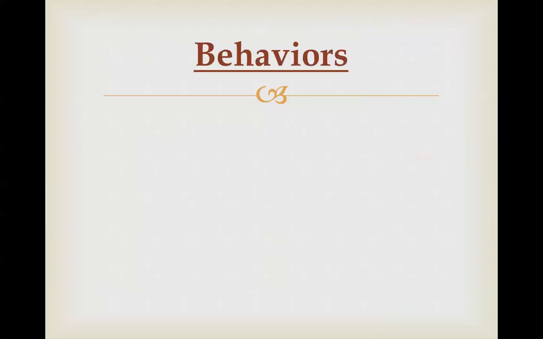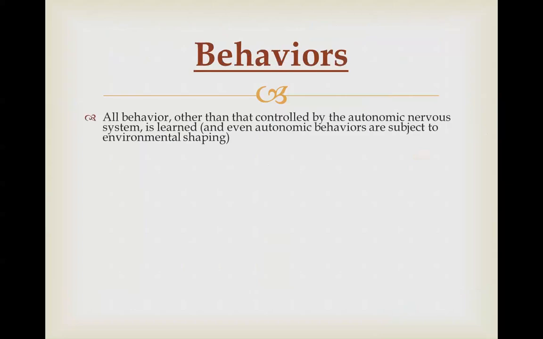Before we do that, I want to take you through a quick walk of each of the component parts of the behavior pathway. Right, some thoughts about behavior. All behavior is learned, other than that controlled by the autonomic nervous system, and even autonomic behaviors can be shaped via environmental feedback. You can slow your heart rate. You can bring your blood pressure down volitionally.